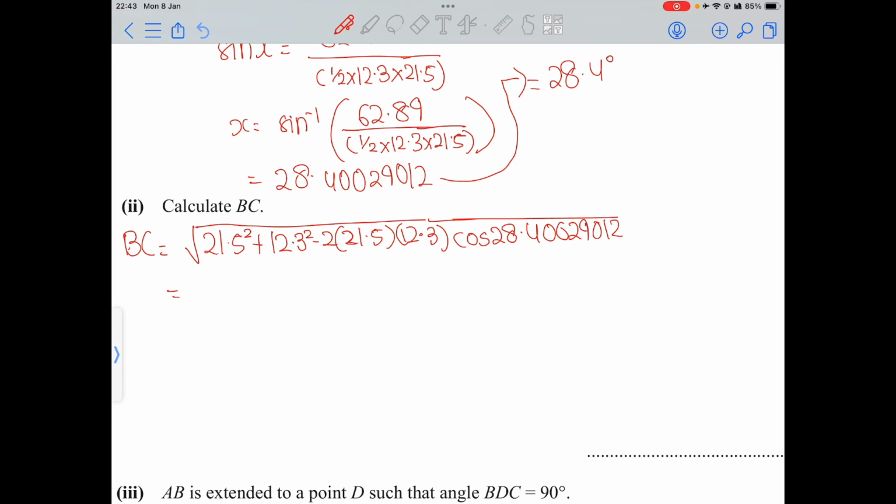That gives me 12.17764935, which is equivalent to 12.2 cm.